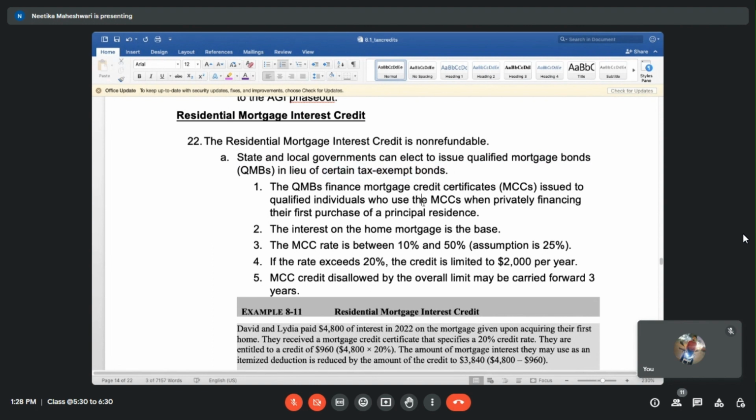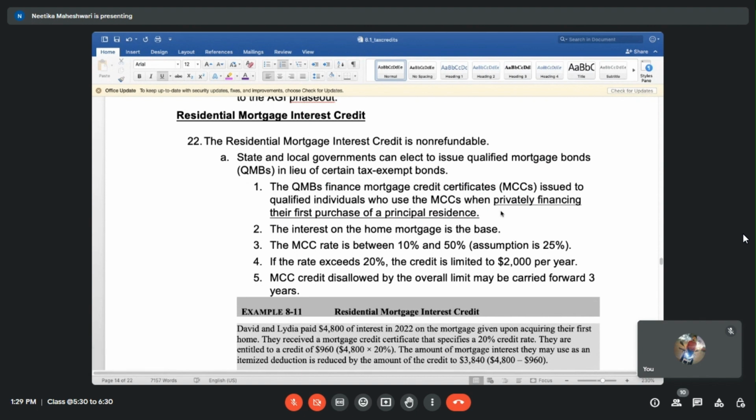So we need to ask the taxpayer if they have any mortgage credit certificates issued by the state government when they financed their own house. In order to encourage that, they may give some bonds. So they may say that if you're taking a mortgage of $500,000 or $100,000, we'll give you certain bonds where you can also earn interest.